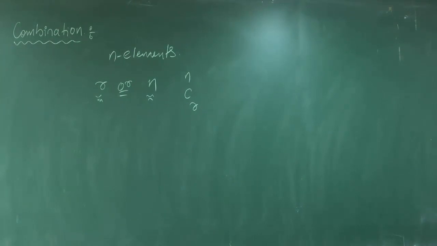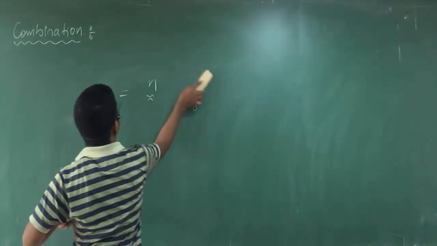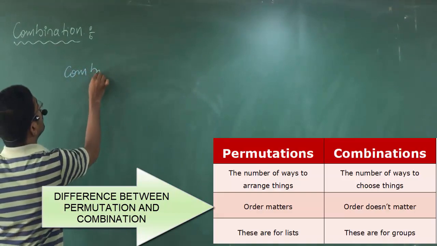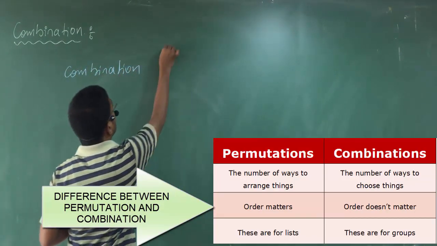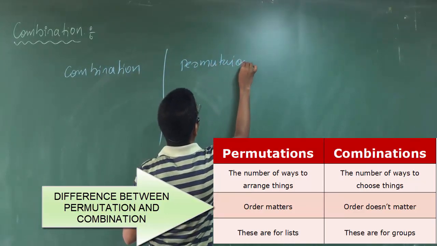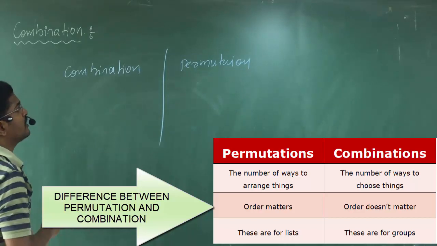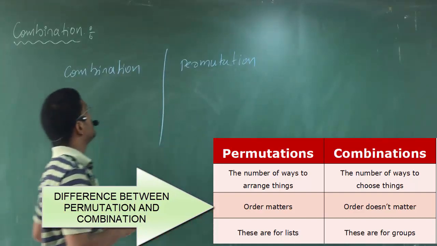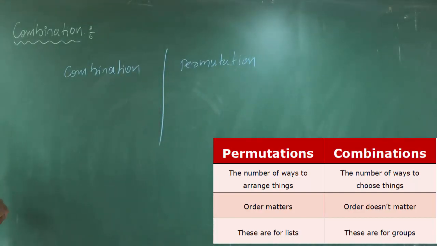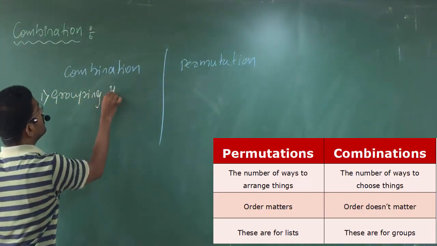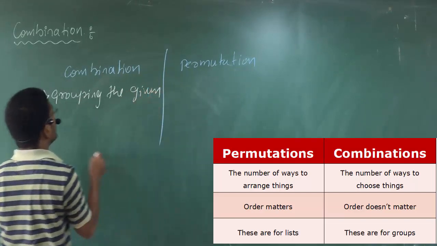See here. Combination and permutation. Combination means grouping the given elements.